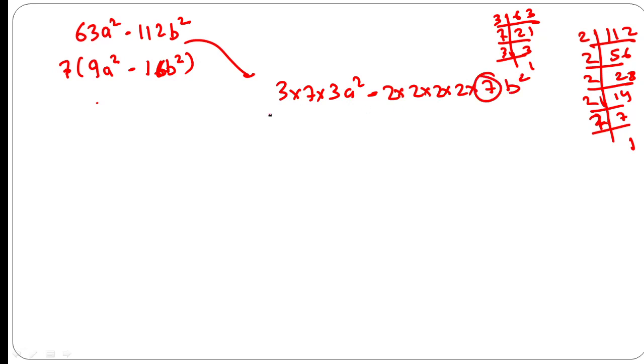It means the value of this 7 is common in both. So you will take this 7 outside, and the inside term is 3 into 3 is 9a square, and 2 into 2 into 2 into 2, that is 16b square.